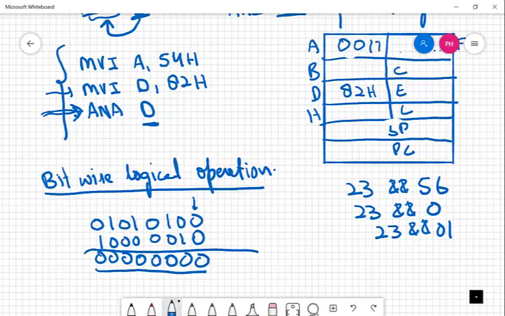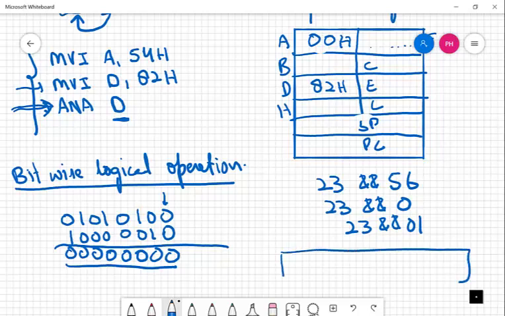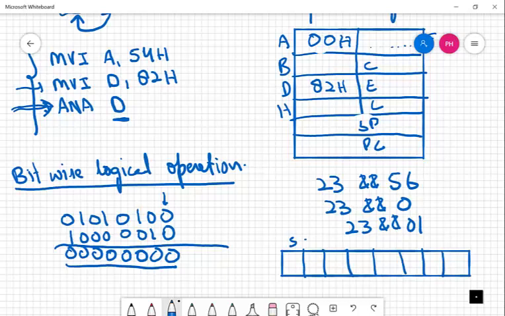And also the contents of which register will get updated? The flag register. What was our flag register? It was something like this. We had 8 bits. It was sign, zero, then not used, auxiliary carry, not used, parity, not used, and carry.